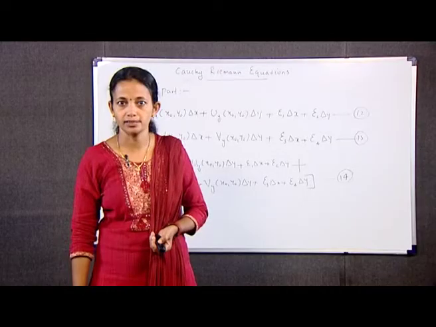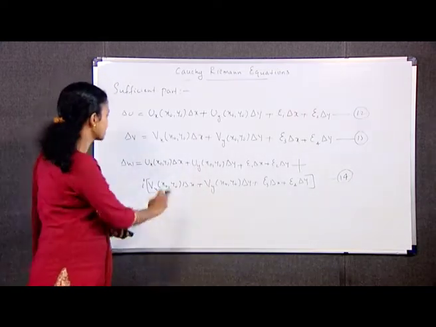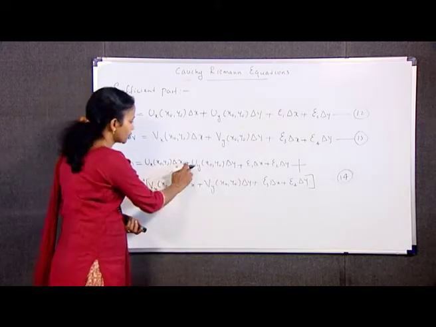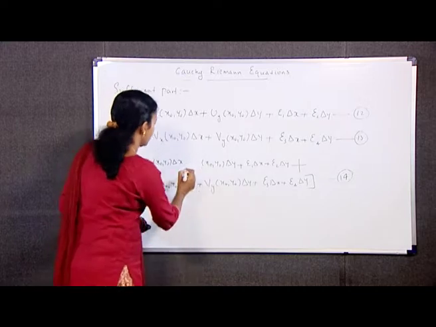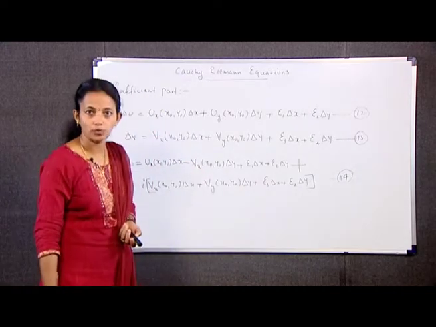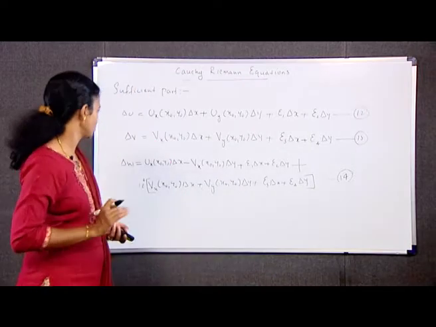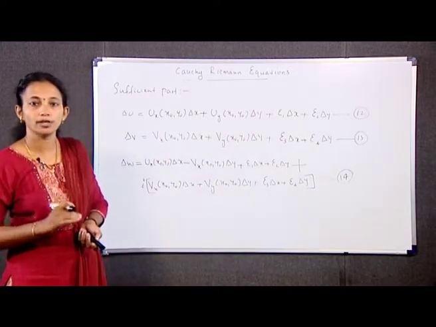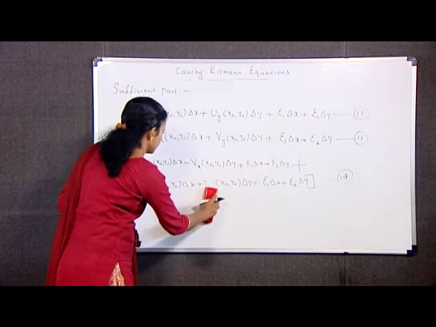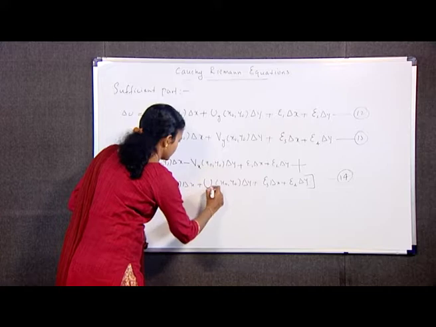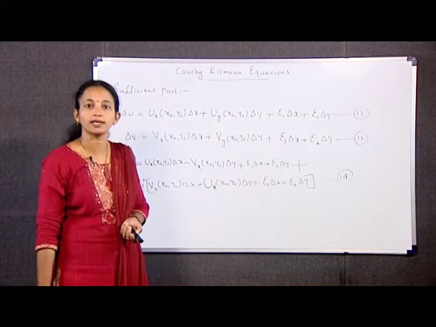By replacing this, we obtain delta w is equal to ux(x naught, y naught) delta x plus, instead of uy, minus vx(x naught, y naught) into delta y plus epsilon 1 delta x plus epsilon 2 delta y plus i into vx(x naught, y naught) into delta x plus, instead of vy, ux(x naught, y naught) delta y, plus epsilon 3 delta x plus epsilon 4 delta y.